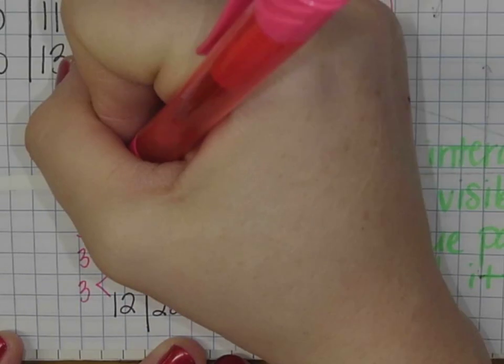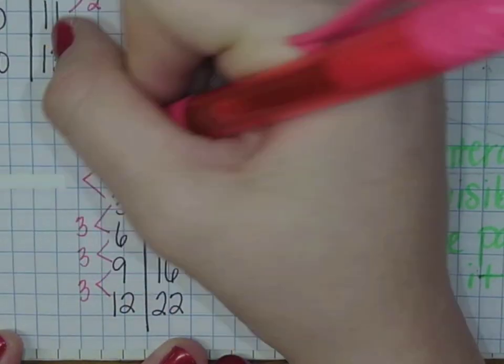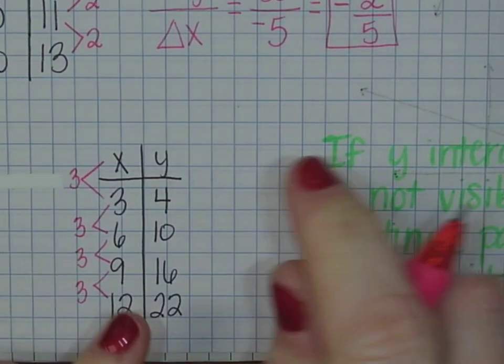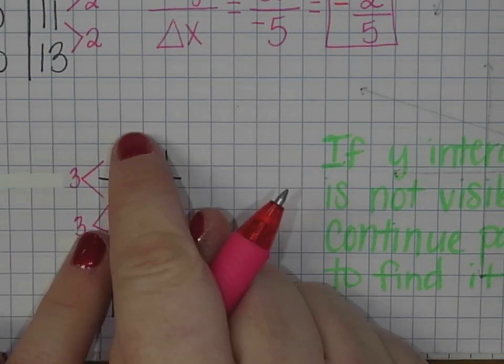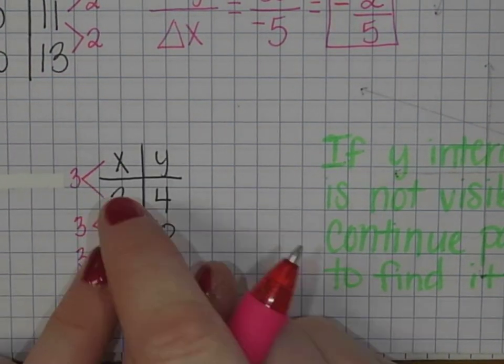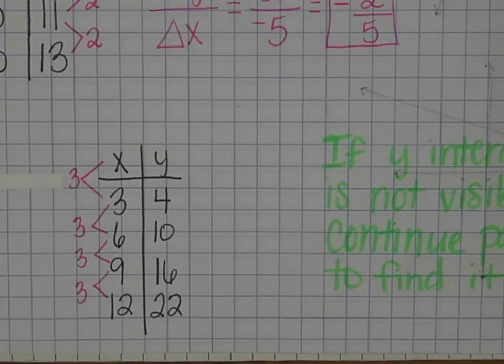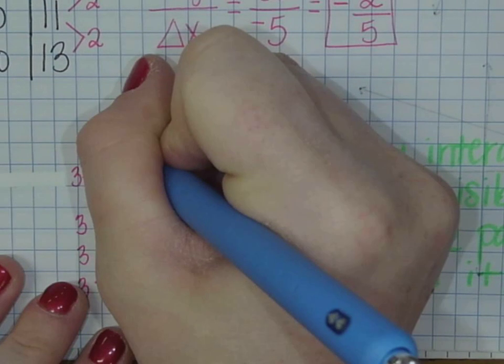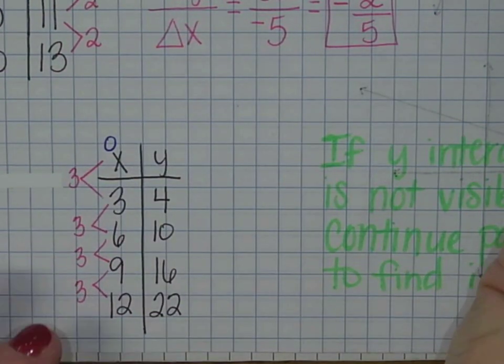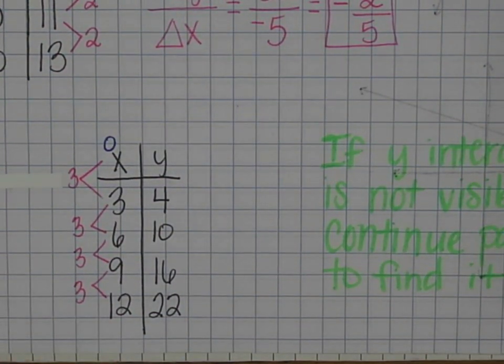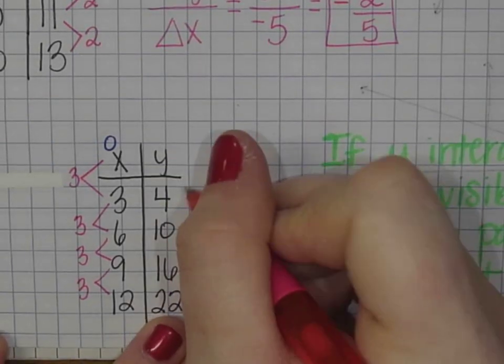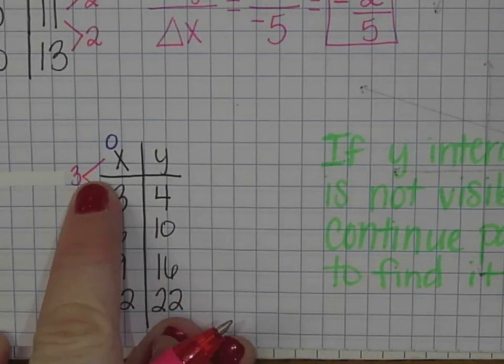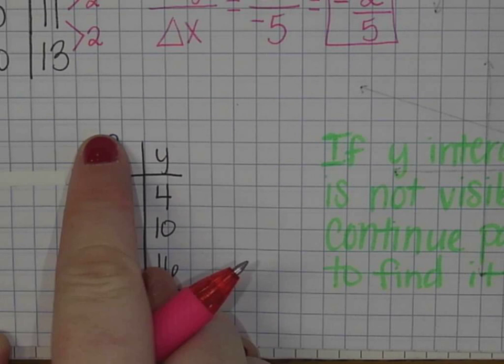And so if I want to continue, that needs to go back 3. So some number plus 3 gives you 3. Well, that would be 0. And then I need to continue this side.